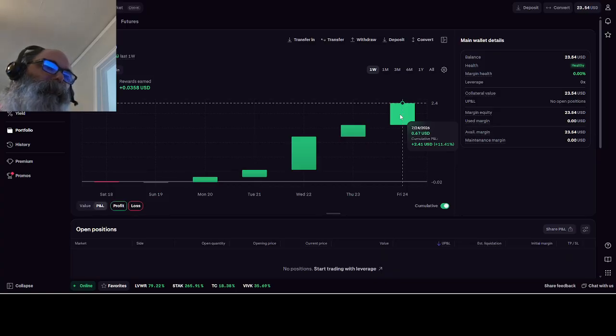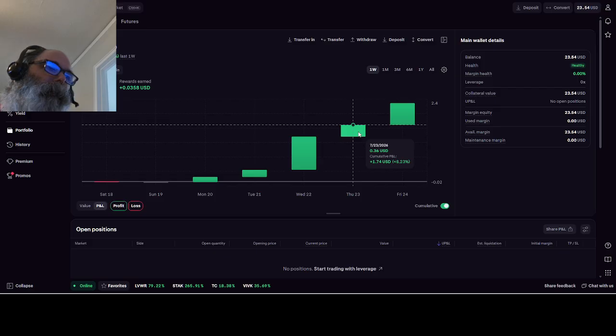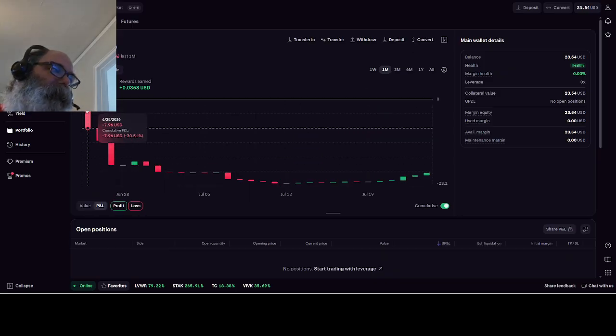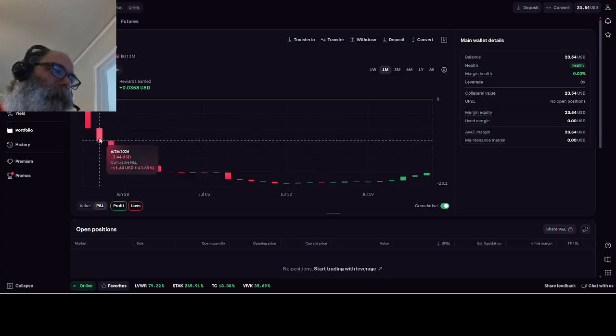You don't want to get too involved because then you'll get into FOMO, fear of missing out, or you'll get into revenge trading, or you'll do something that psychologically will probably get you in trouble and make you give all the rest of this back, which results in days like that, or that, or that.